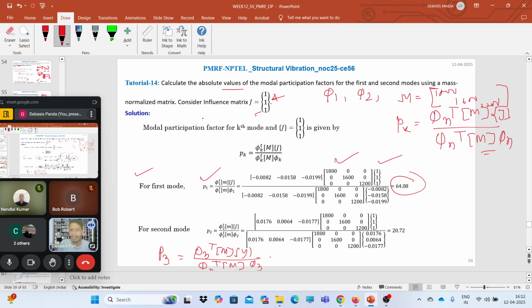Now for a, let's say, two-DOF system, instead of giving the influence matrix, they give the initial condition. Say for example, u is equal to 0 and 1, or 0 and 0.01, something like that. So you need to do the calculation in a similar way, but the size of the vector and matrix will reduce. That will take less time. Okay.